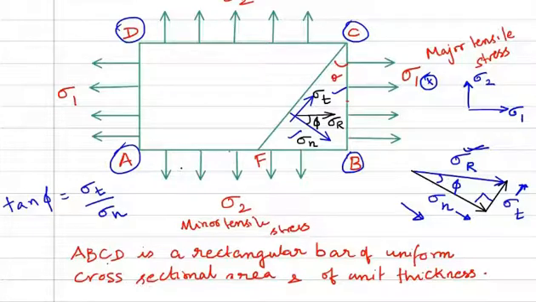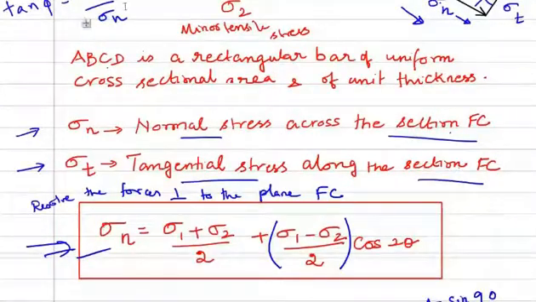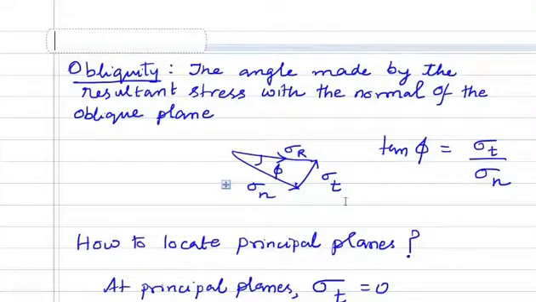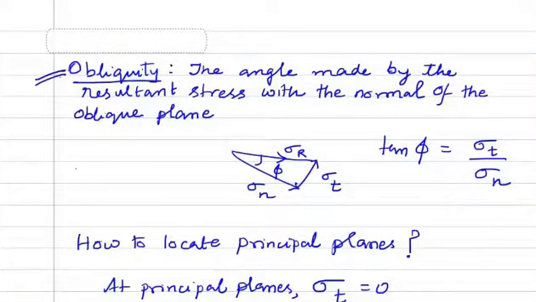The angle between the normal stress and the resultant stress is called the angle of obliquity. So this angle is the angle between the resultant stress and the normal stress to the oblique plane. I can write tan phi is equal to opposite by adjacent. Opposite is sigma t and adjacent side is the normal stress. So tan phi is equal to sigma t by sigma n.